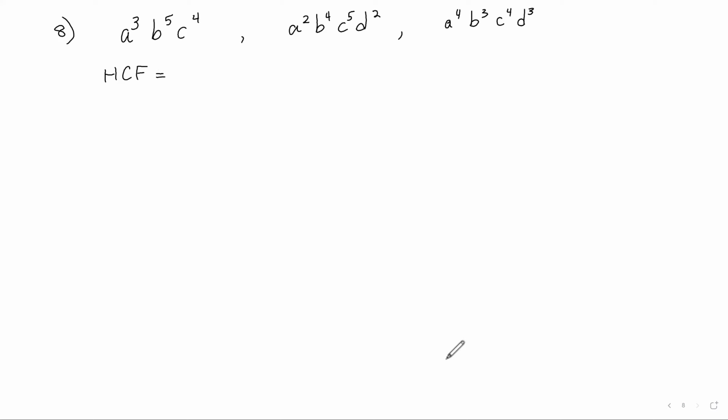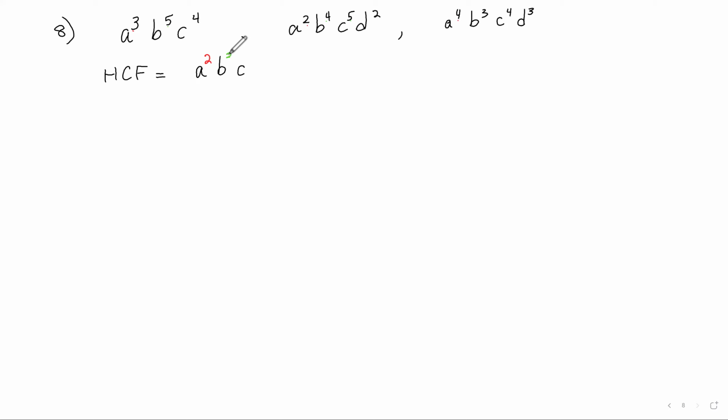A, B, and C. Yes, A, B, and C. And the powers, we have to look at the powers of each of them, right? So for A, the powers are 3, 2, and 4. The lowest of 3, 2, and 4 will be 2. And then with B, it's 5, 4, and 3.